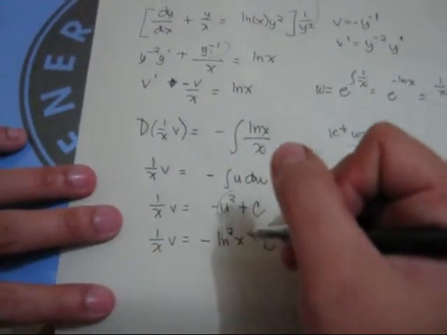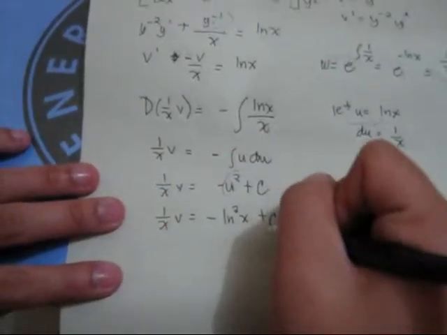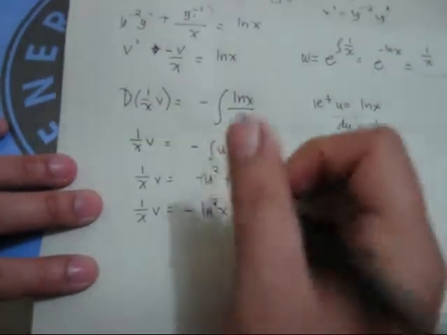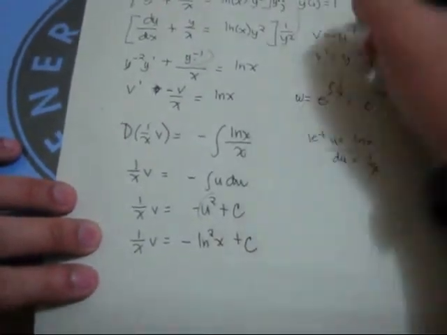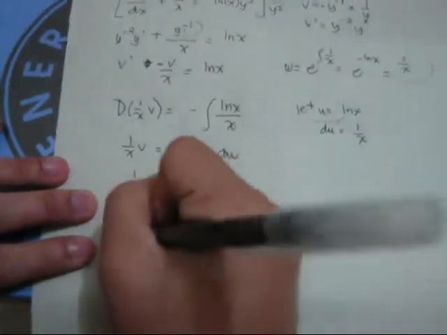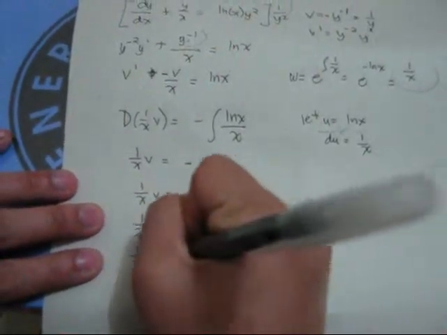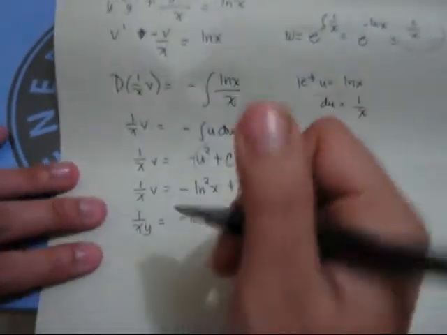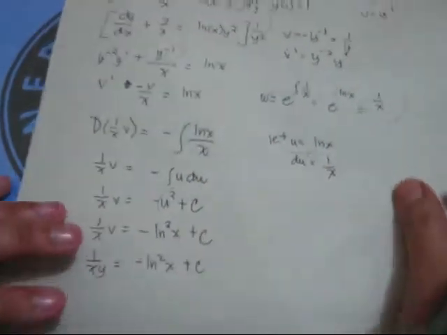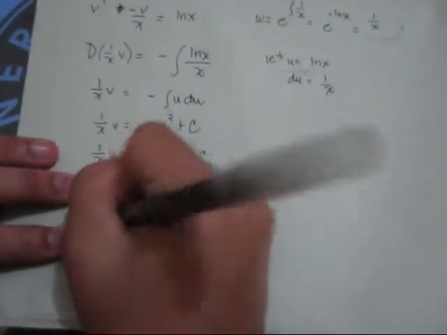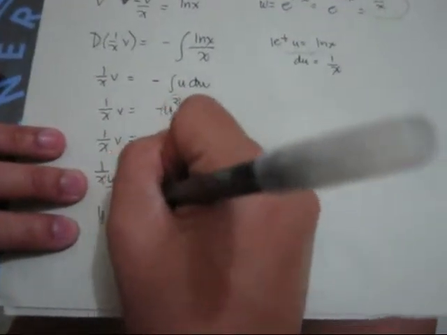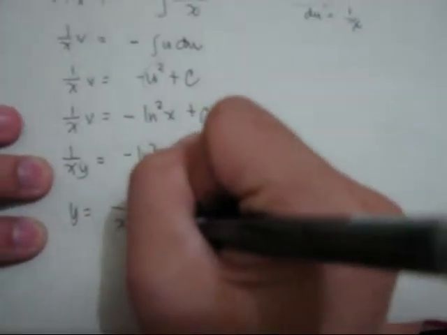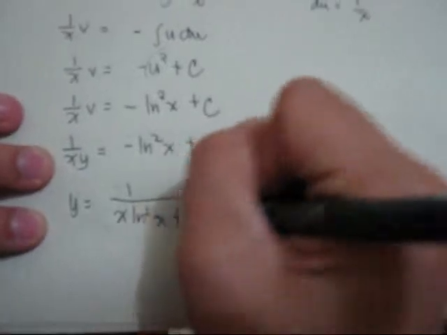Then we will solve it for y. Since v is just equal to 1 over y, 1 over x y equals negative ln squared x plus c. Then y is just equal to 1 over x ln squared x plus xc.